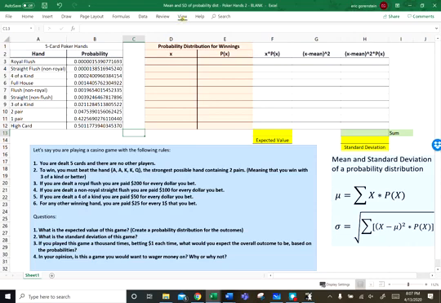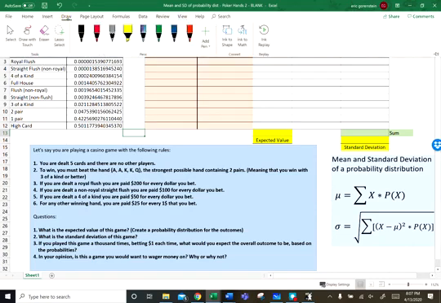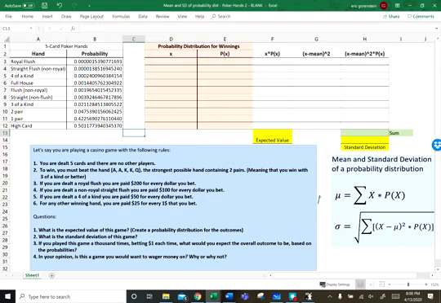So we have formulas down here for the expected value, E of X, which is also the mean. So the expected value, which is E of X, or mu, and that's this formula right here. The sum of X times P of X.